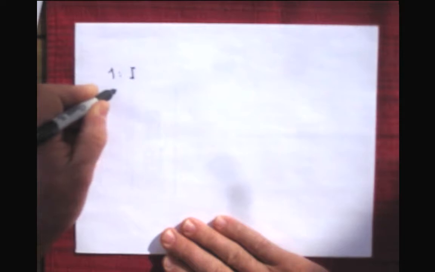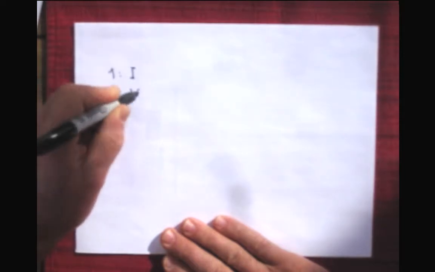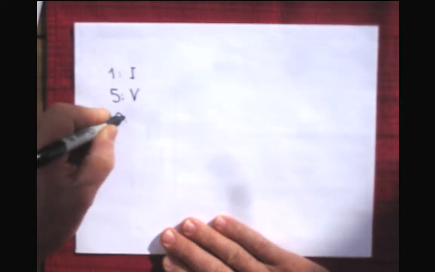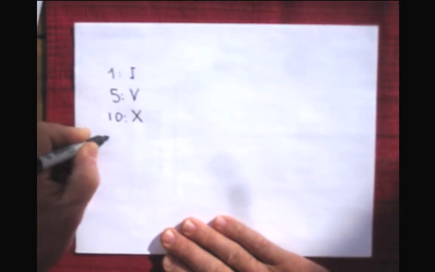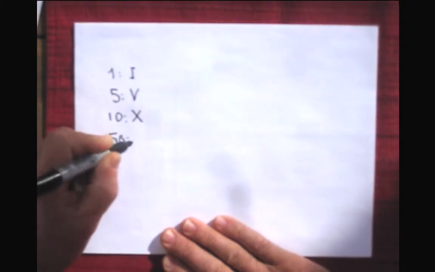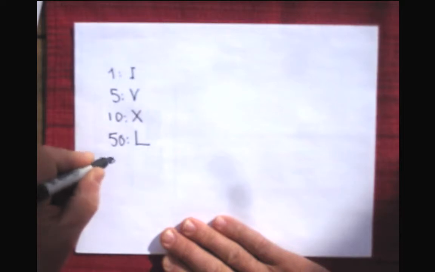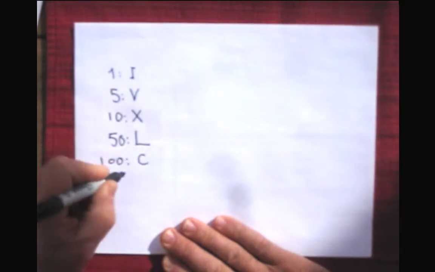Remember, Fibonacci had numbers like this. For 1, he had I, and for 5, he used V, 10 is X, 50 is L, 100 is C, and on and on.